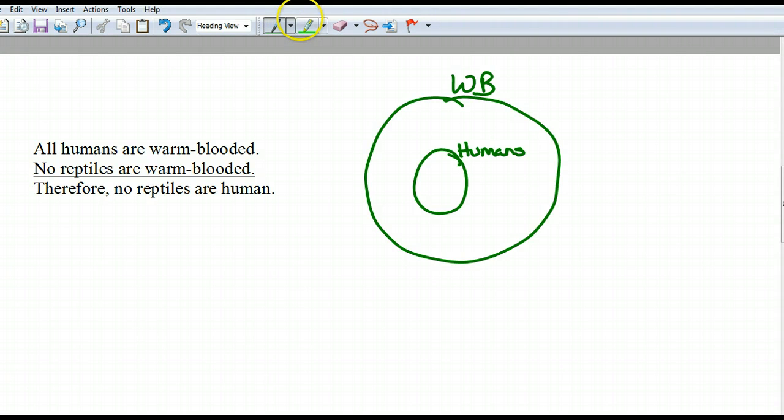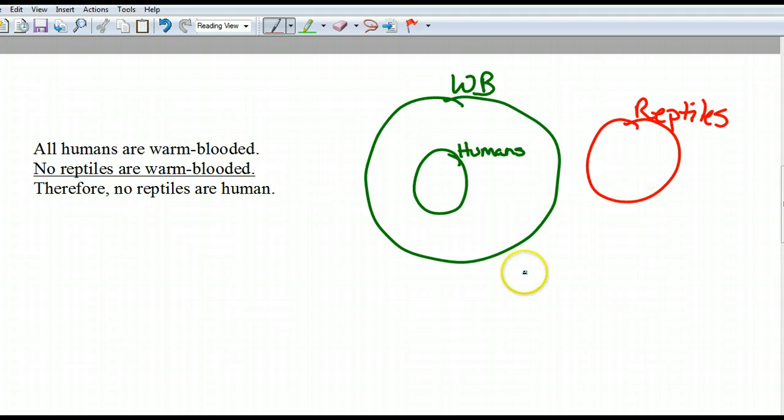Where would I put that? Yeah, outside. I could put reptiles right here. And it doesn't touch the warm-blooded because there's not any that are warm-blooded. Okay, so the therefore statement. No reptiles are human. Based on this diagram, is that true? Yes, so it's valid.